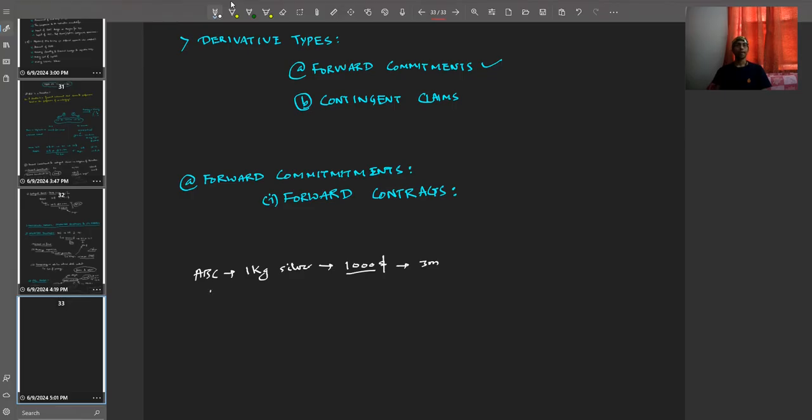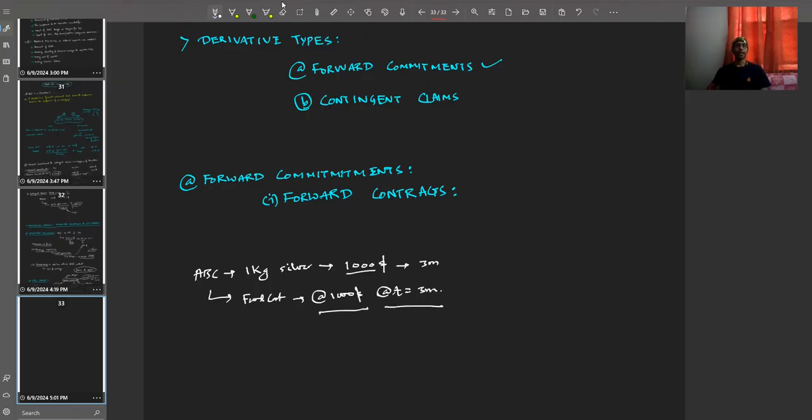So ABC creates a forward contract which says that ABC is willing to sell the silver at $1,000 3 months from now. So the forward contract says that 3 months from the initiation of the contract, ABC is going to sell the 1 kg of silver at $1,000. This is what we call a forward contract.